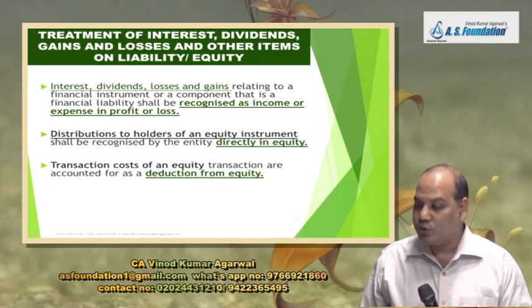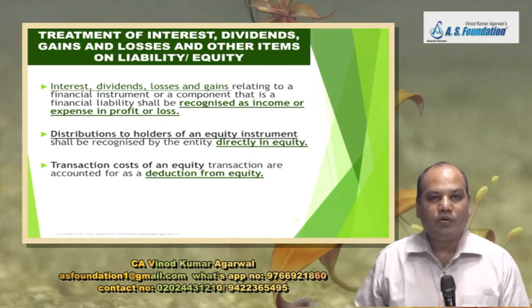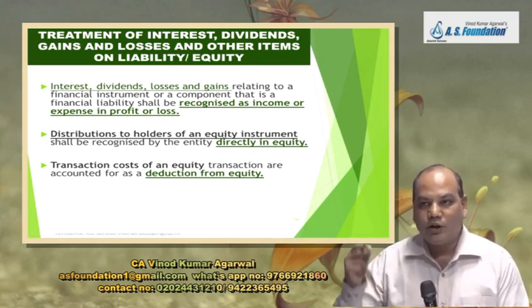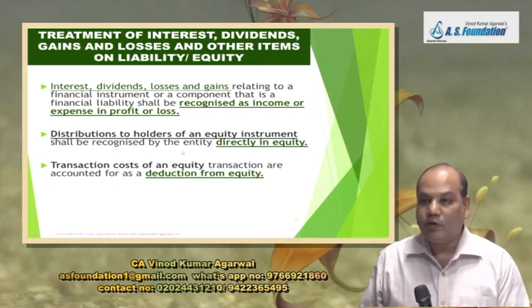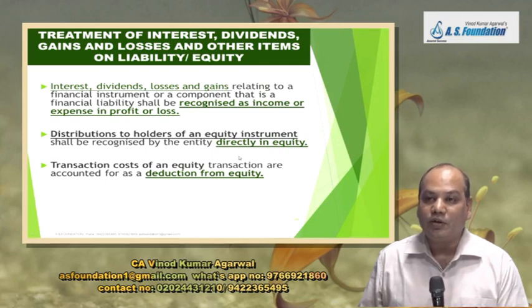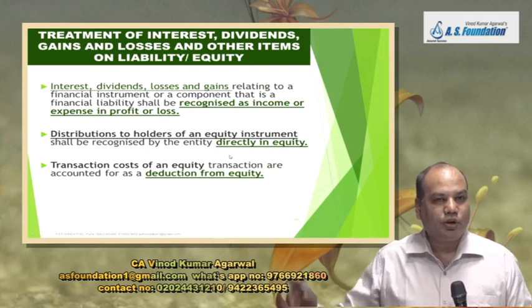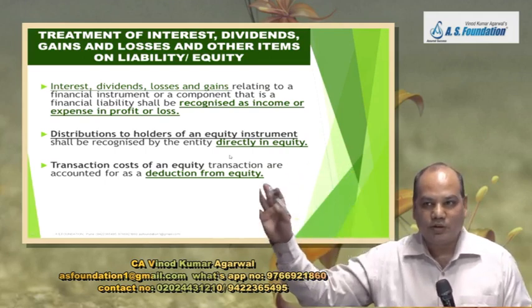And any distribution to holders of an equity instrument: if you have classified the instrument as equity, then any distribution made will be treated as appropriation and will be directly recognized in equity, that is the statement of changes in equity. So dividend paid on equity will be shown in SOCIE.